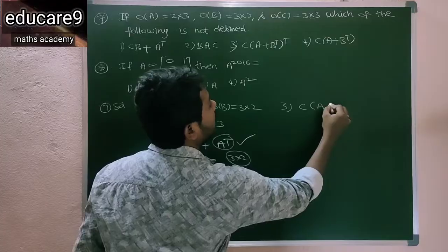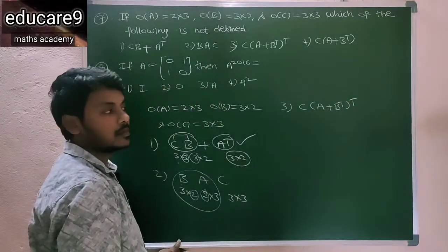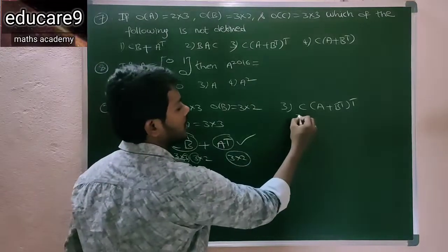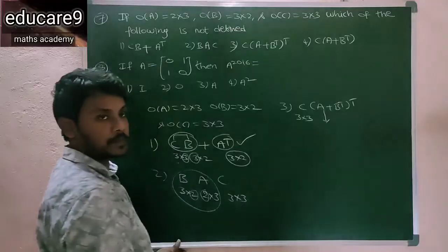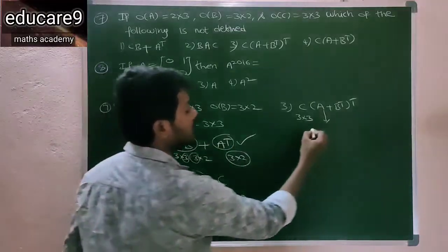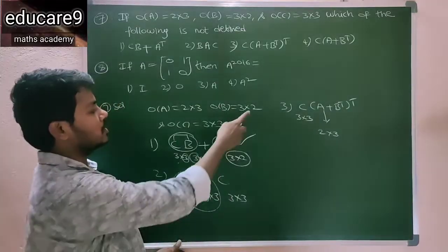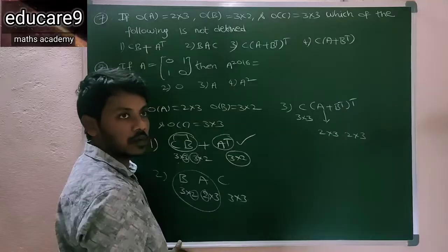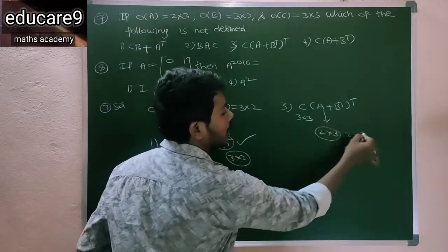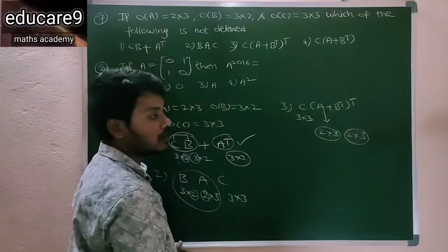Next, see the third one. C into (A plus B transpose) whole transpose. So what is the order of C? 3 by 3. And see here, the order of A is 2 by 3. The order of B transpose, that is 2 by 3. So clearly both matrices have the same order, therefore addition is possible.